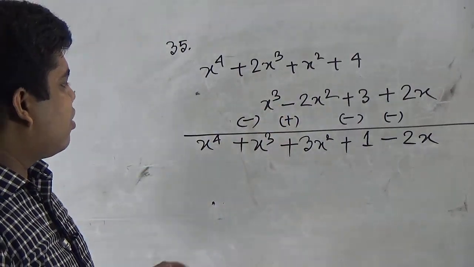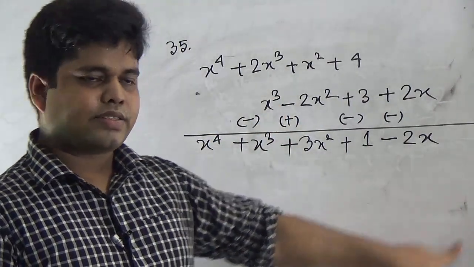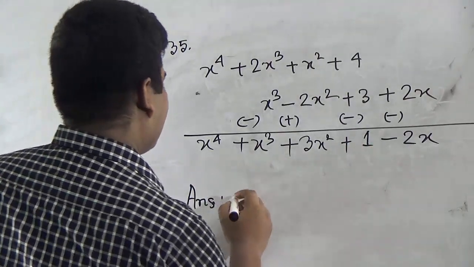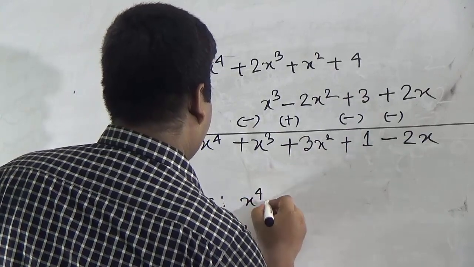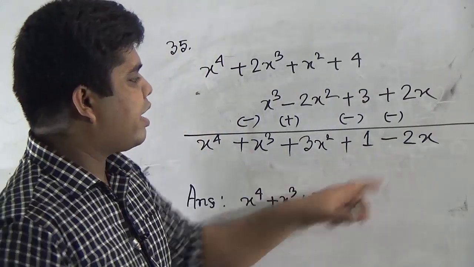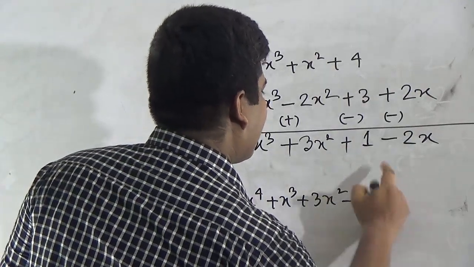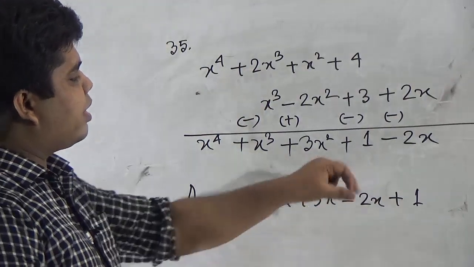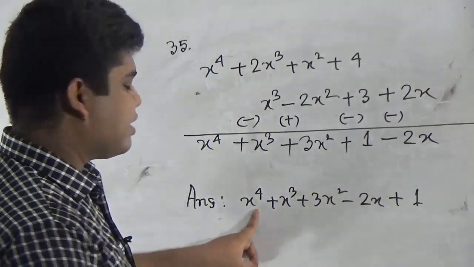So we find out this answer. In the answer, we write x to the power 4 plus x cube plus 3x square, here minus 2x, right, then after that we write plus 1. You must decorate when writing the answer and it is the answer.